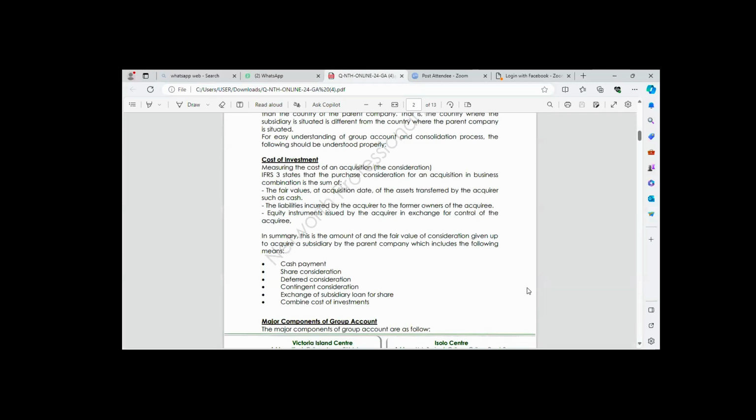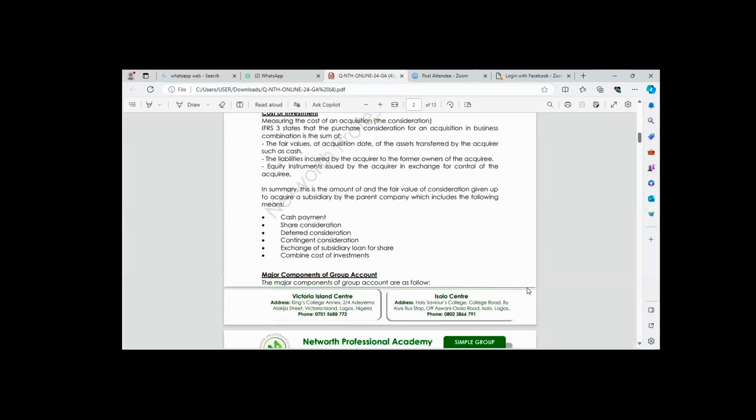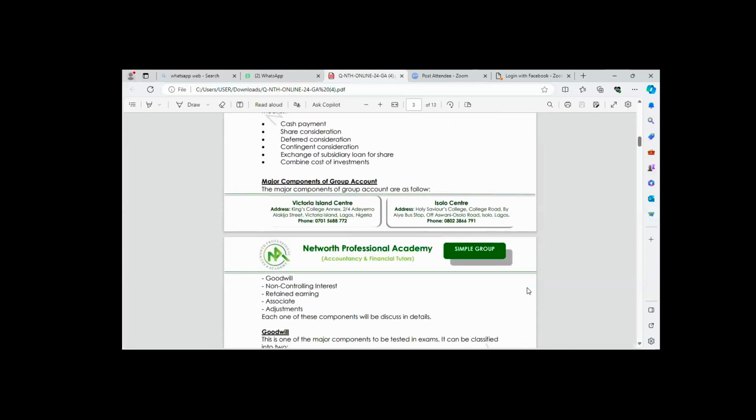Then, what are the major components of group accounts? Goodwill. Who can tell me how do we calculate goodwill? What is the formula to calculate goodwill? You are not an FR student, you are CR. Definitely, for you to get to this level, you must have done FR and passed, or you were exempted, knowing fully well you have known all these things.